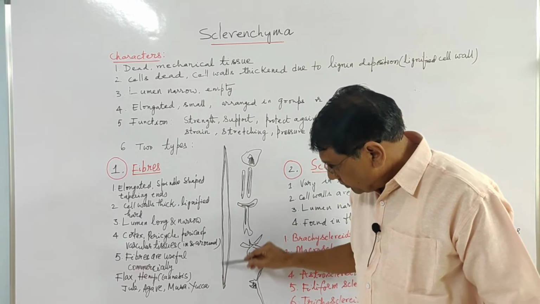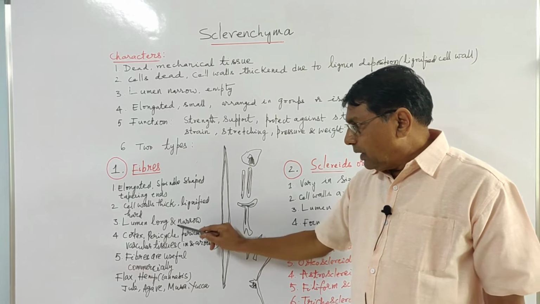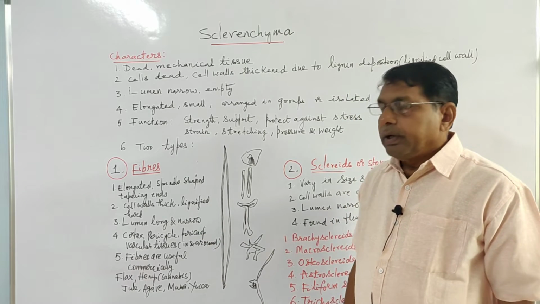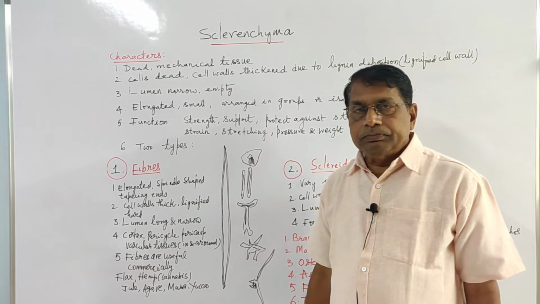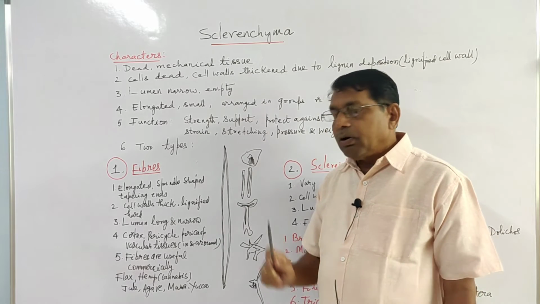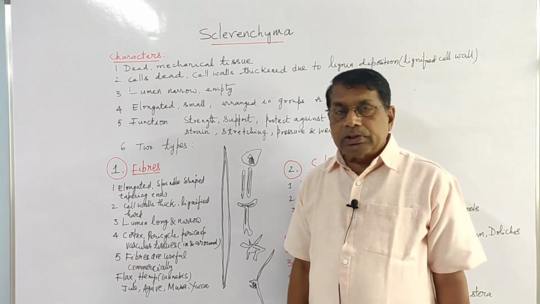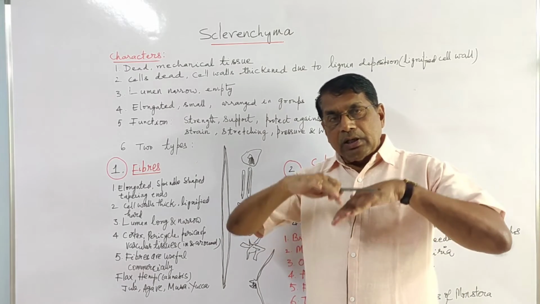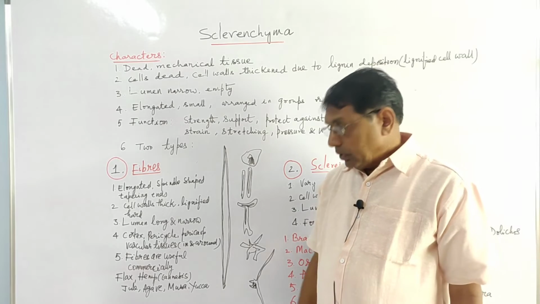This is the cell wall, very thick. This is the lumen. Lumen long, narrow. These fibers are found in the cortex, pericycle, fruit wall, vascular bundles, within the bundles, around the vascular bundles, in and around.